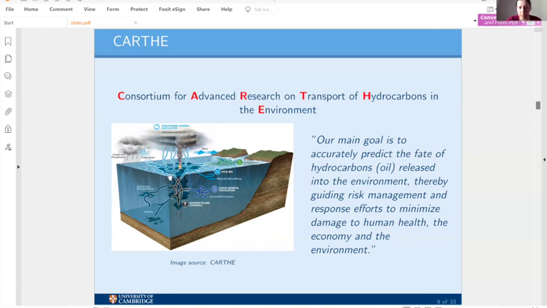Then another group is studying the chemical reactions within the plume, and in particular, how fast the oil biodegrades and how fast it sediments on the ocean floor. Yet another group of scientists is looking at how much oil is coming to the shore and what we can do in order to protect the coastal areas and the beaches.